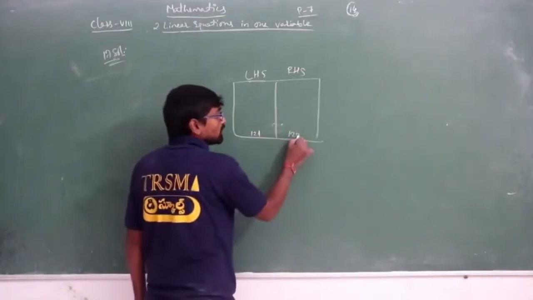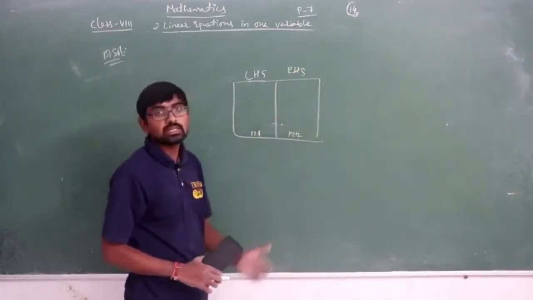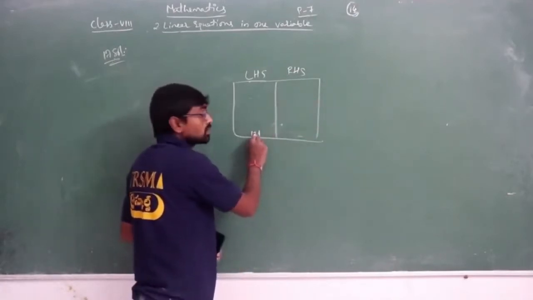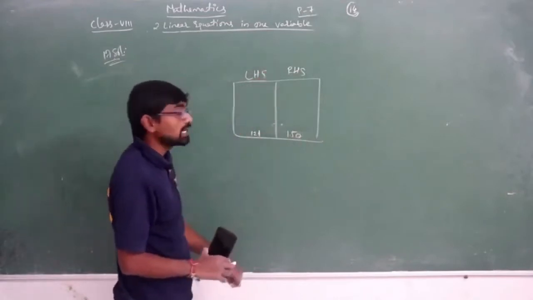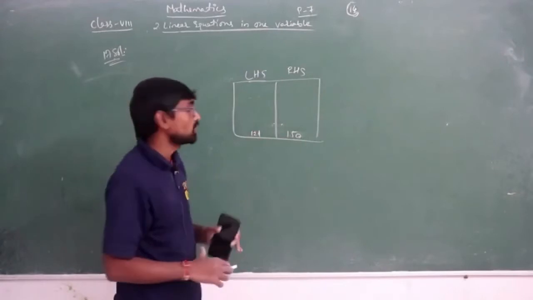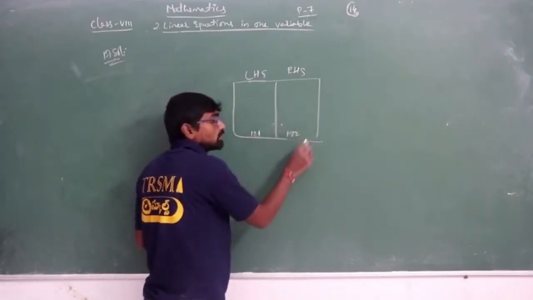What will you say? 122. Why? After 121 you will directly have 122. If you have 121 here and 150 beside it, it means someone tore those pages.